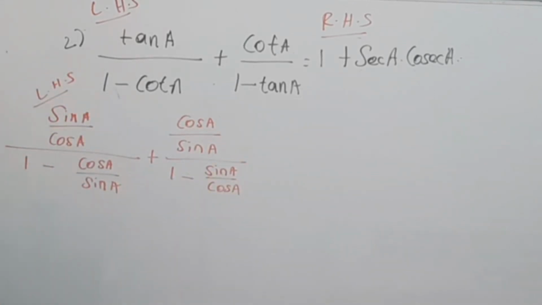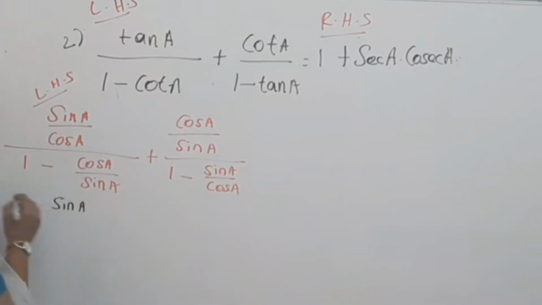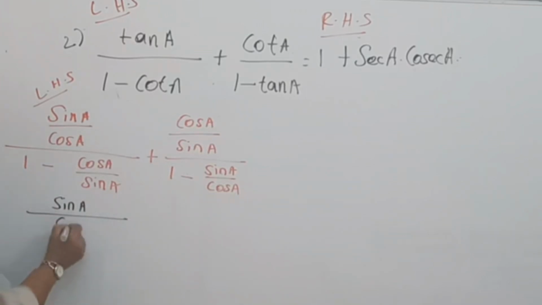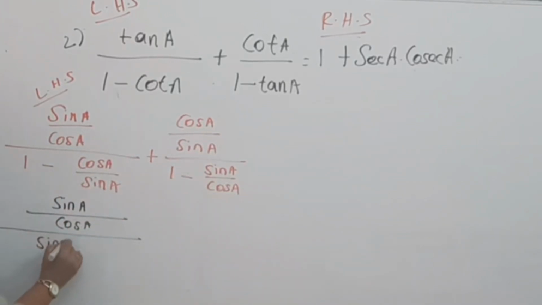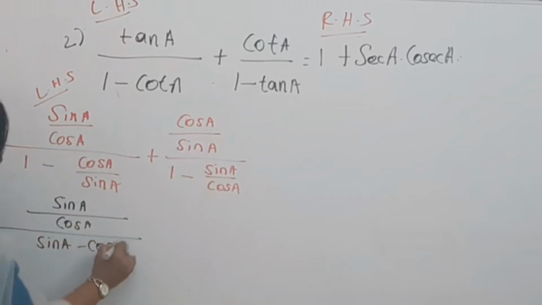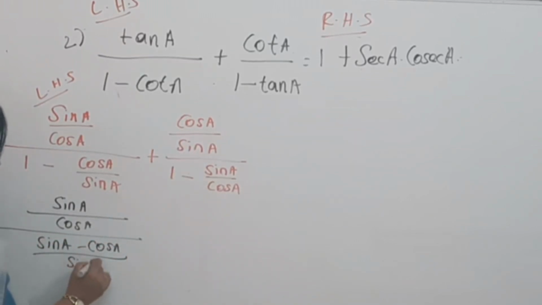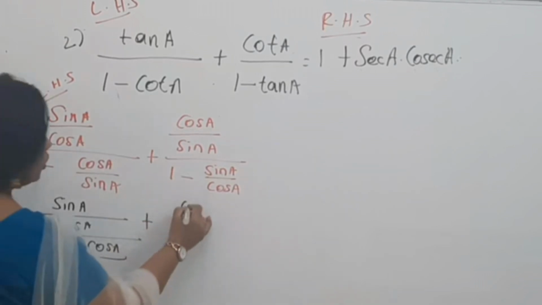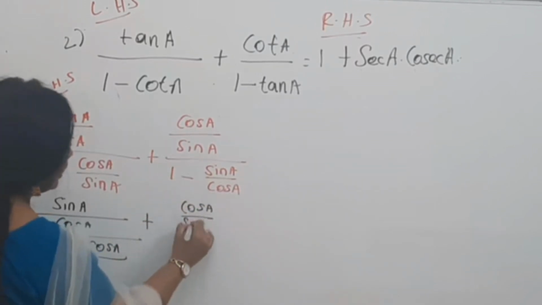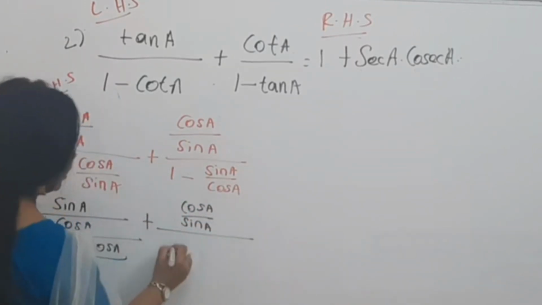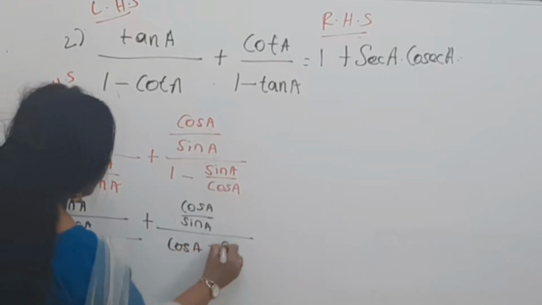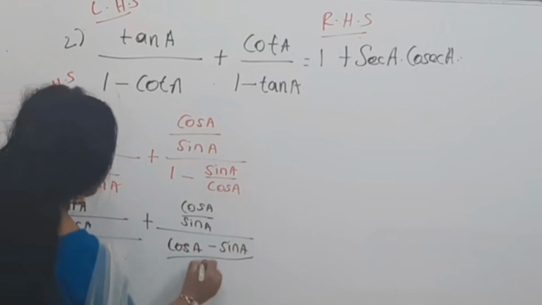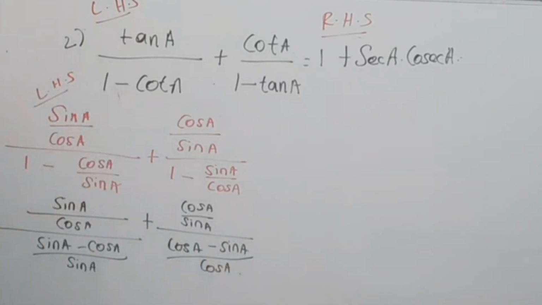So now I go for taking the LCM. So sine A by cos A, whole thing divided by sine A minus cos A divided by sine A, plus cos A by sine A, whole thing divided by cos A minus sine A divided by cos A. Hope you get this point.